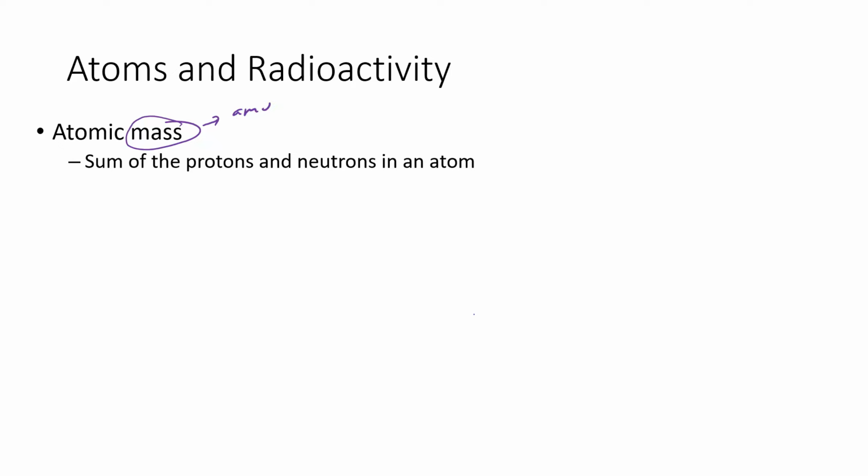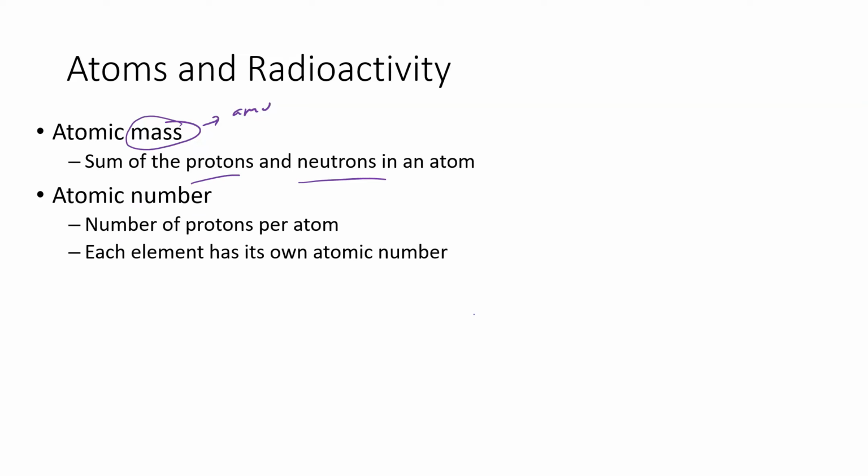That mass is essentially the sum of the protons and neutrons. So basically, we're talking about the mass of that nucleus. Those electrons are an important part of atoms in terms of their behavior and reactivity, but they don't really contribute to the mass of an atom.